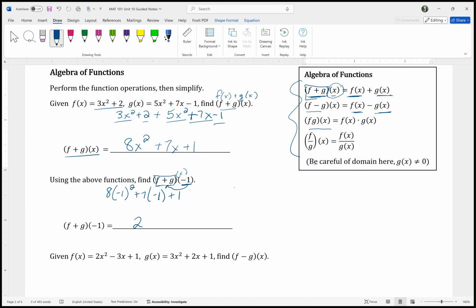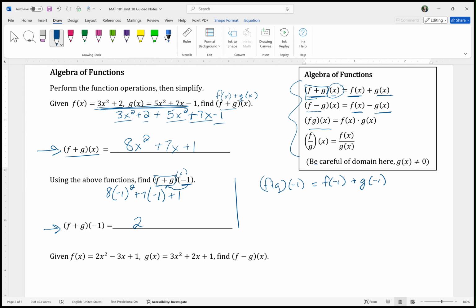I do want to show you another way. Let's say that you didn't have to do this first. You were just given straight this. Maybe you were given your functions, and you were told find f plus g of negative 1. You could separate f plus g of negative 1 out into f of negative 1 plus g of negative 1.